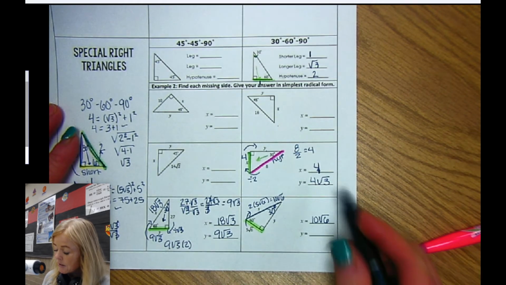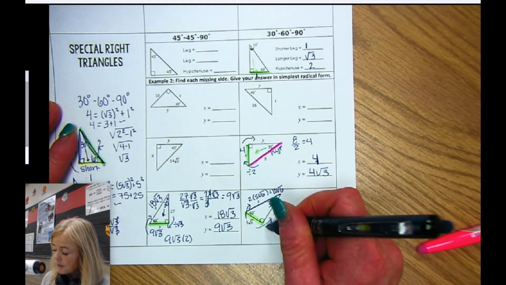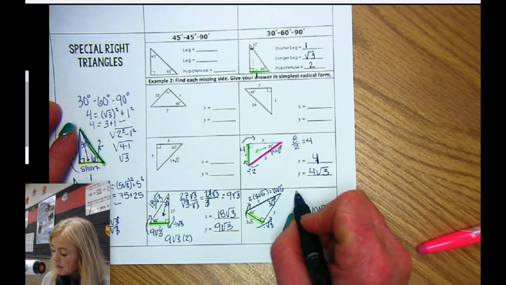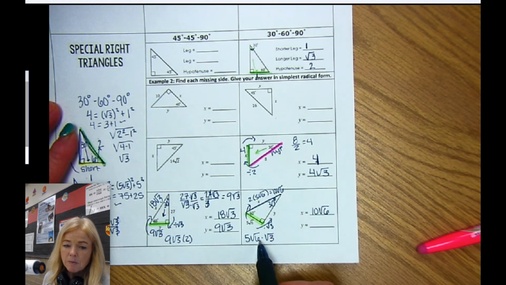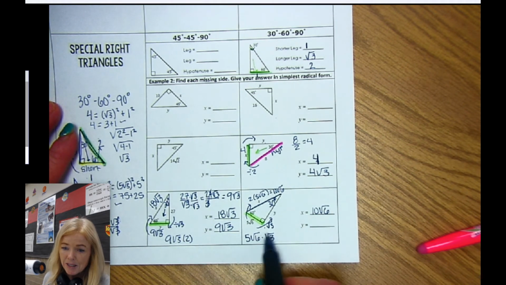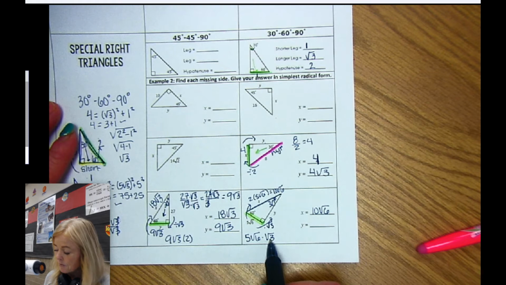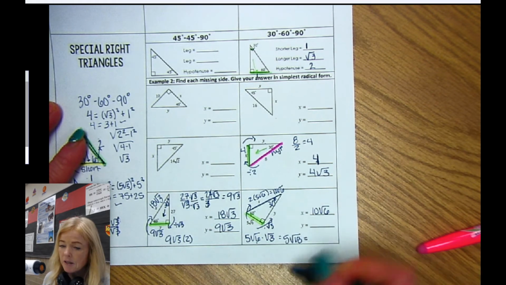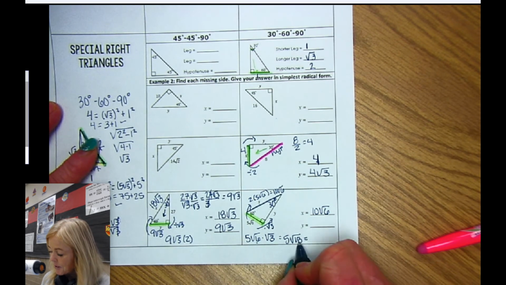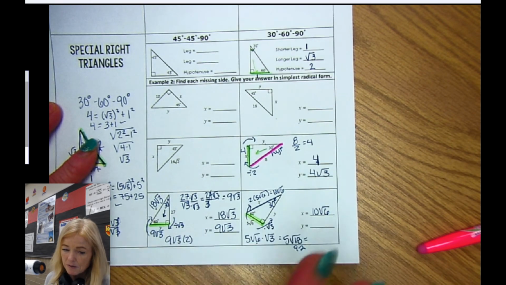All right, next up, we're going to go this way, and that means we have to multiply by radical 3. So that means 5 radical 6 times radical 3. Now, remember when we're multiplying, we multiply insides to insides. So 6 and 3 are multiplied together, and it makes 5 radical 18. Now, we have to be careful here because 18 is 9 times 2, and it's not simplified.